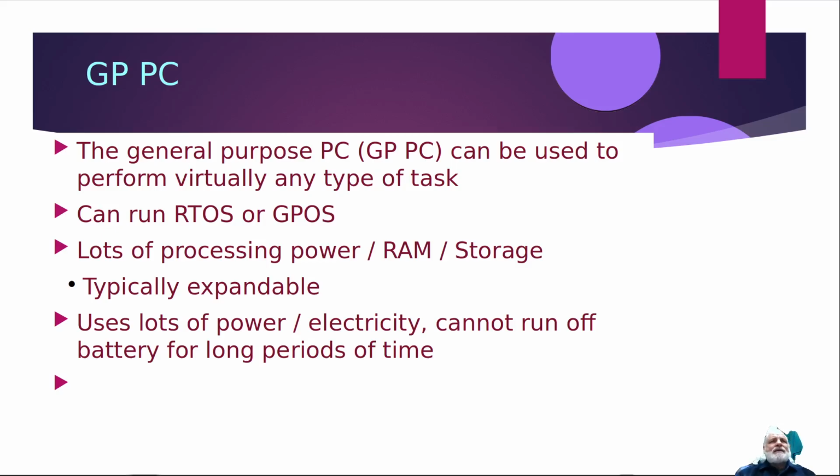Okay, so the advantage of using a general purpose PC with a general purpose OS is that we can incorporate lots of tools or applications that someone else did that are already available, and we have tons of processing power. And also tons of storage. So if we're collecting the data and storing it, then we can have a laptop or a PC with terabytes of storage.